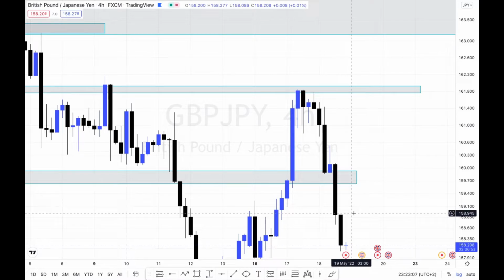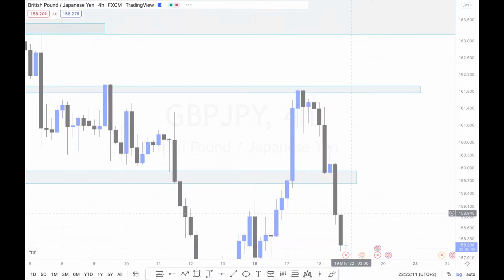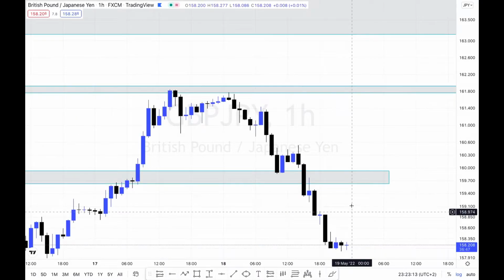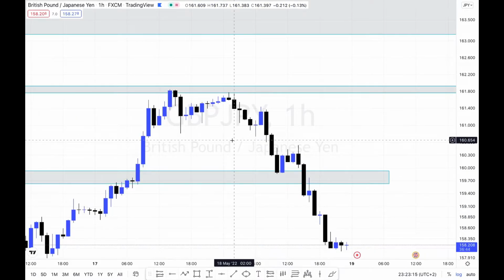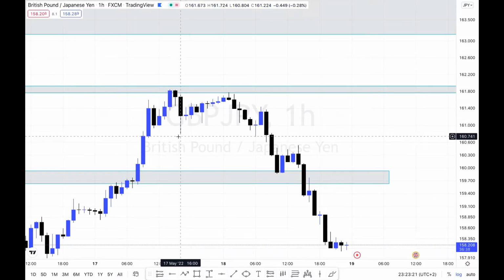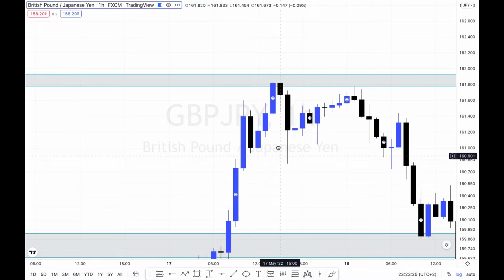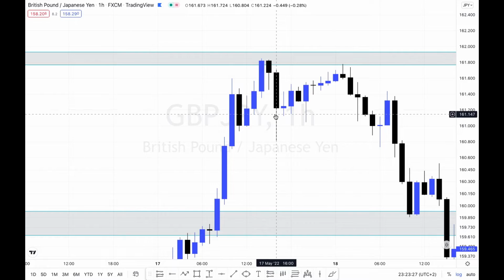So now let's go to the hourly, right? After 3 p.m., now we go to the hourly, right, to start looking for some type of potential entry. So as you guys can see, this was 3. But after this candle, at 4, we had gotten another entry, right?